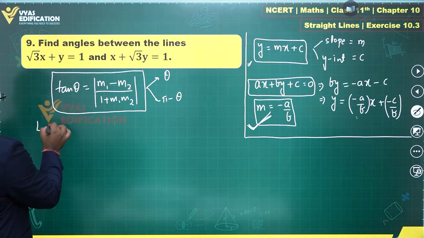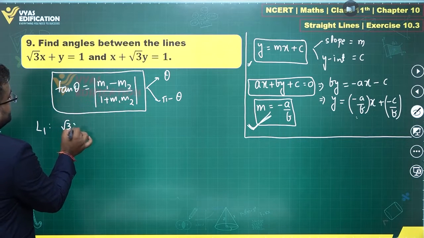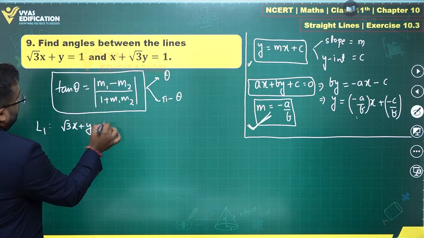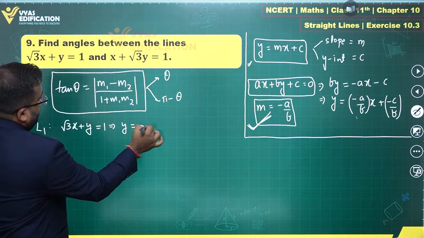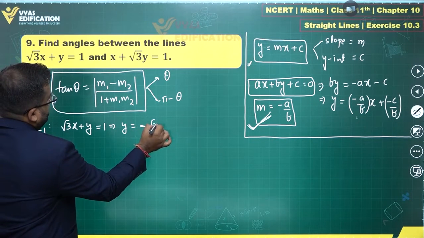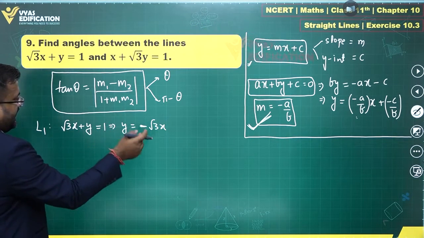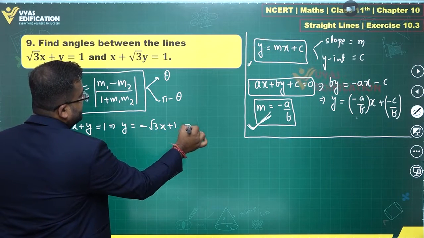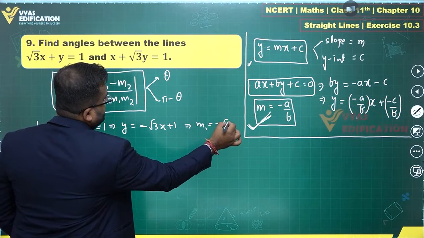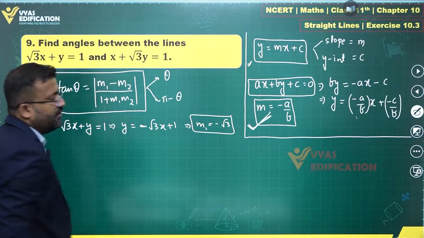So L1 is root 3x plus y is equal to 1, which tells me y is equal to minus root 3x plus 1. This tells me m1 is equal to minus square root of 3. That's the first slope, right?